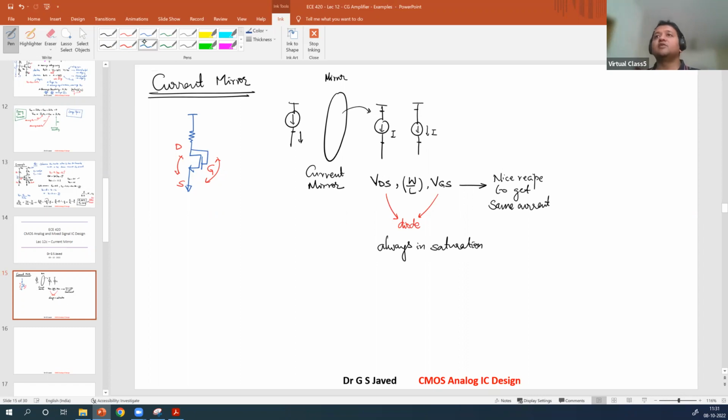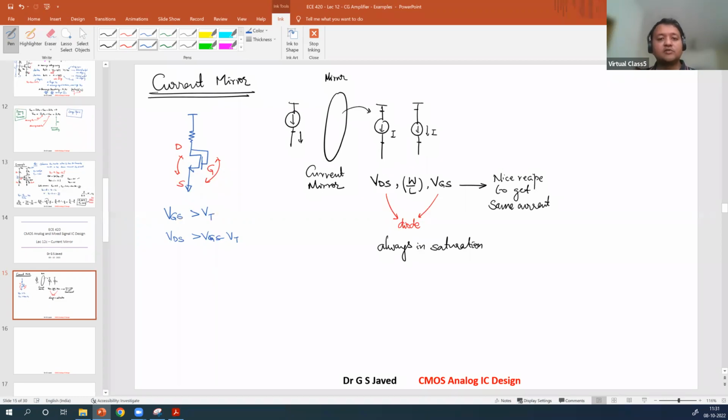That means the device is always turned on, so your VGS is greater than VT, and your VDS is greater than VGS minus VT.